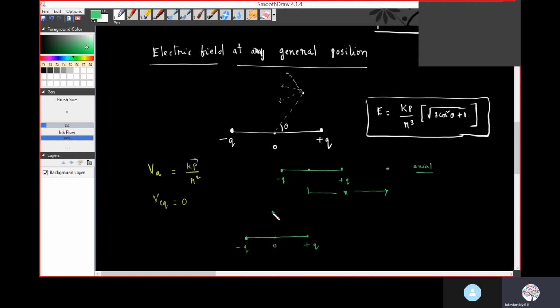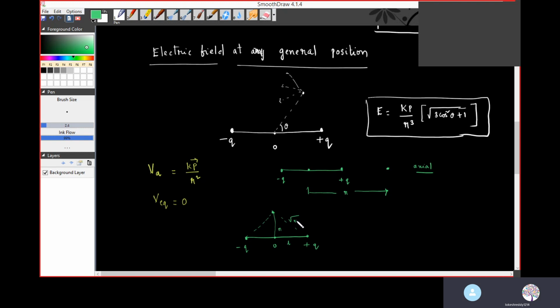Here the potential at this point is q by root of r square plus l square. Here also it is q by root of this, where r is the distance and let us take this is l.